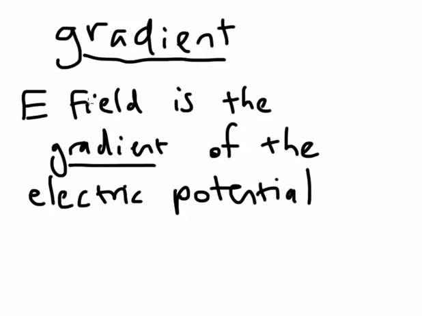So when you have a number map like the electric potential, you can draw its gradient, which is its arrow map, that corresponds to it. And when you have the gradient arrow map, you should also be able to draw the number map that has that gradient. All right, thank you.